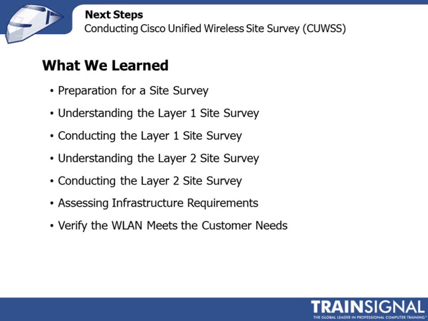We then went on and actually conducted a Layer 2 site survey, and to do that I used the AirMagnet Survey Pro tool in the Train Signal site to place my first access point, and then of course we can expand to place the other access points. Then we went on to talk about the infrastructure requirements.